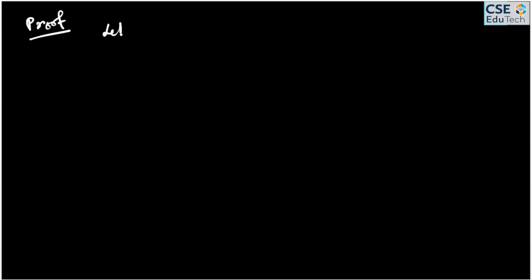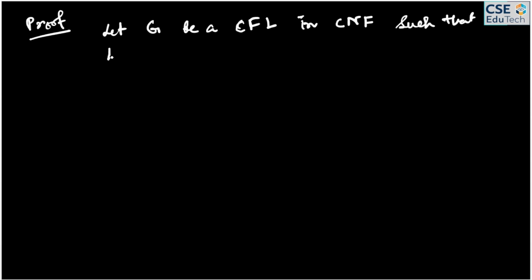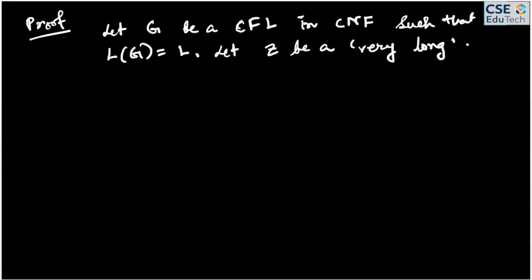Let G be a context-free grammar, and we assume that this grammar is in Chomsky normal form, or CNF, such that the language generated by this grammar G is basically L. And further, let Z be a very long string in the language L.